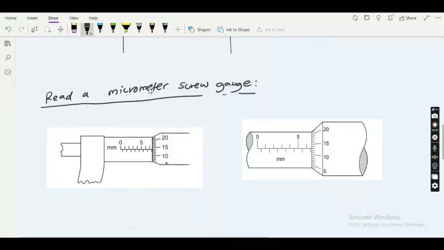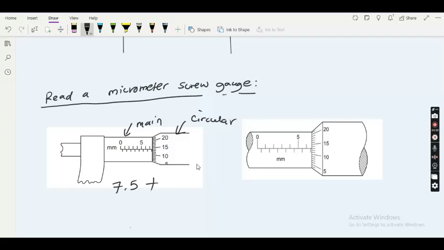Now let's see how we can read a micrometer screw gauge. In a micrometer screw gauge, this is called the main scale and this is called the circular scale. First you will write the value from the main scale. From the main scale we can see that the value here is 1, 2, 3, 4, 5, 6, 7. So first 7, and then we have a 0.5 over here on this side. So that is 7.5 in the main scale.